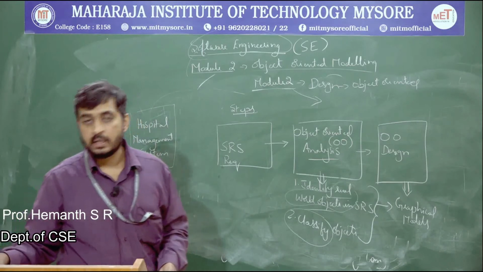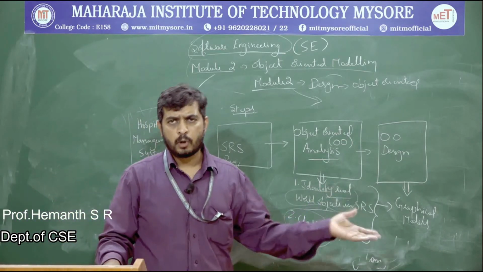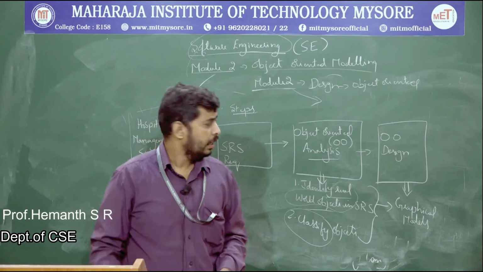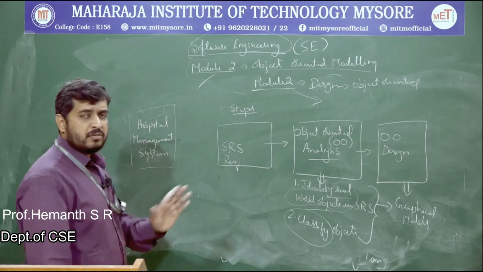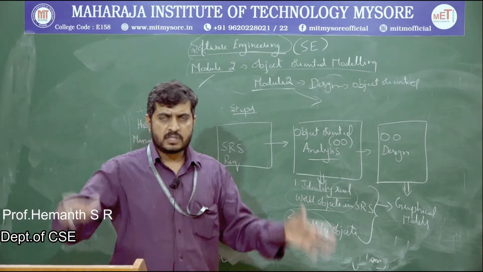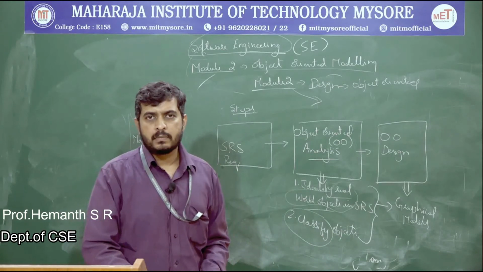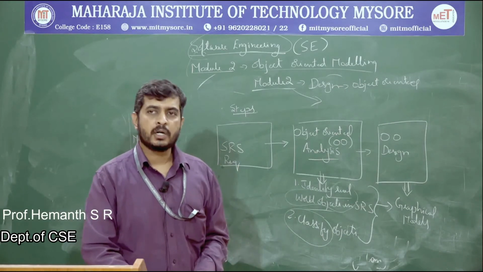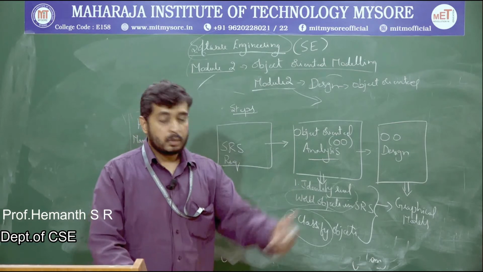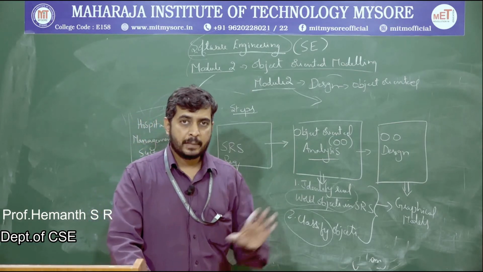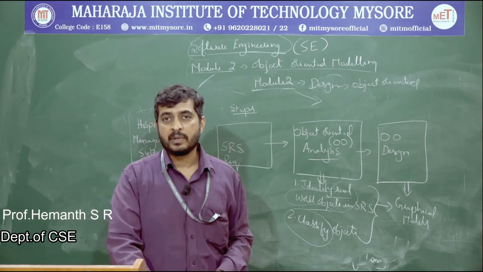Why does it want this software? Consider any hospital, it may be Apollo Hospital, Columbia Asia. They need a software to automate all the processes that are being done manually, for example, a patient booking an appointment with a doctor, and the doctor going through the medical details of the patient and updating the data in the database.